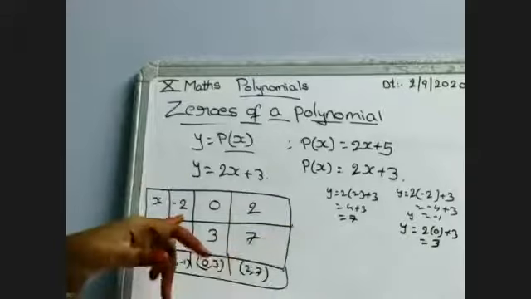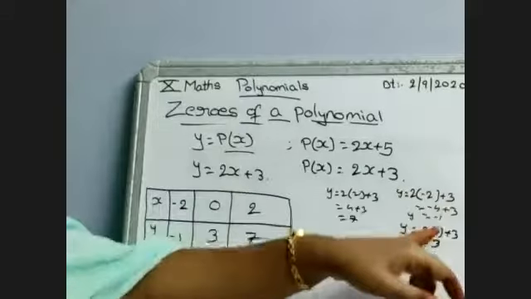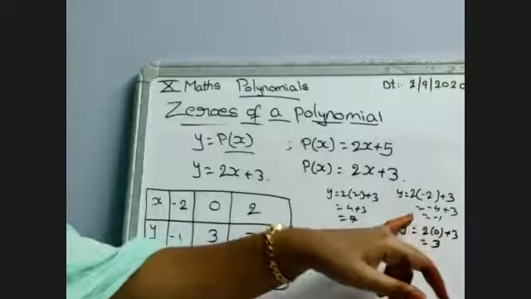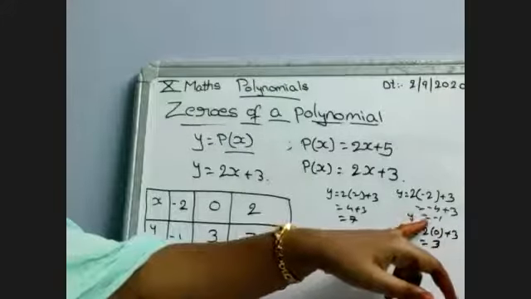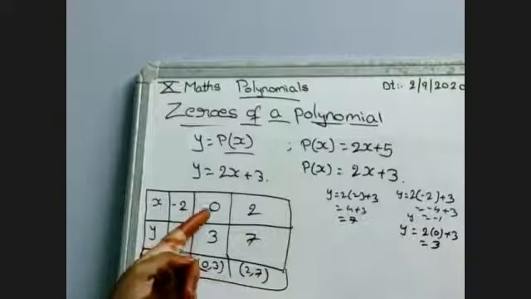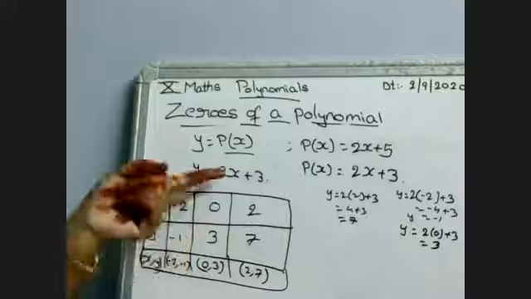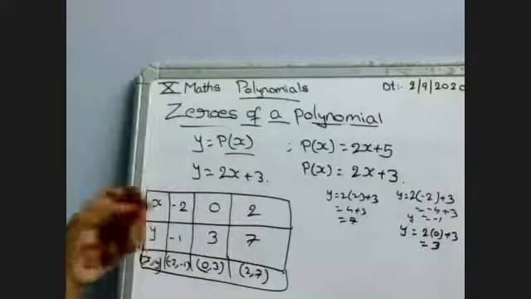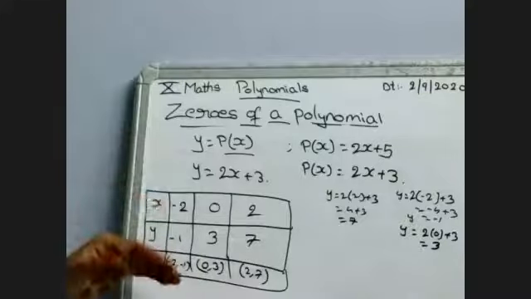First we took minus 2, and we got the y value minus 1. Yes or no? Then we took x equal to 0. By substituting the x values in this equation, we are getting the y values, not the other way around. Yes or no?